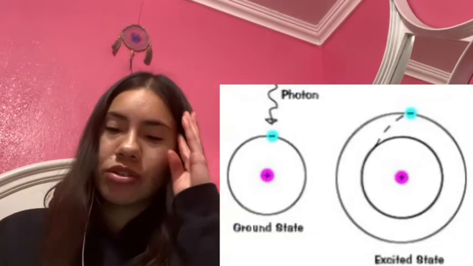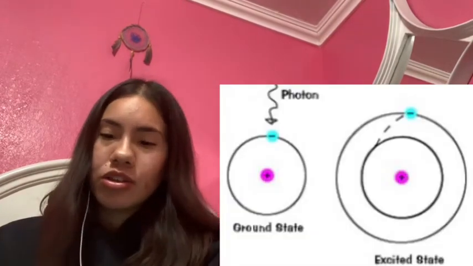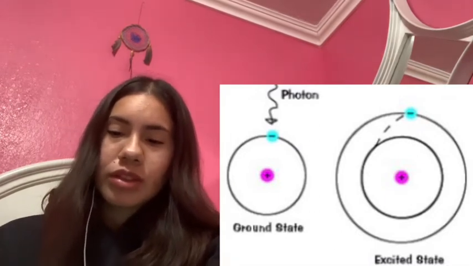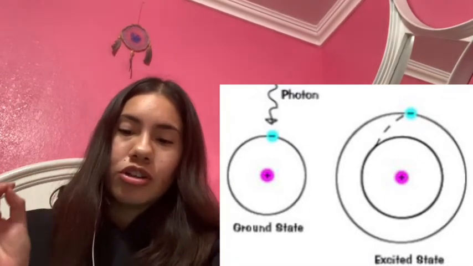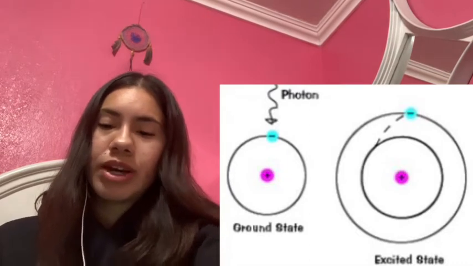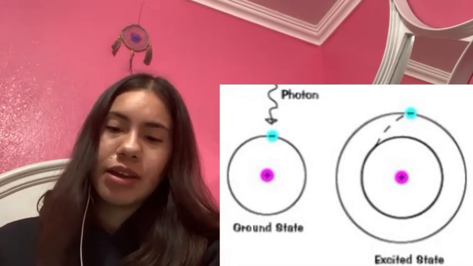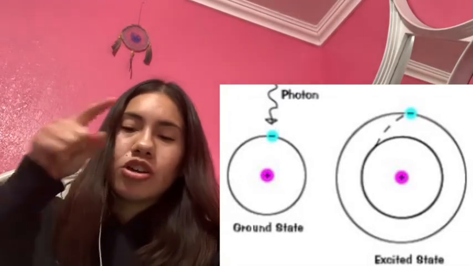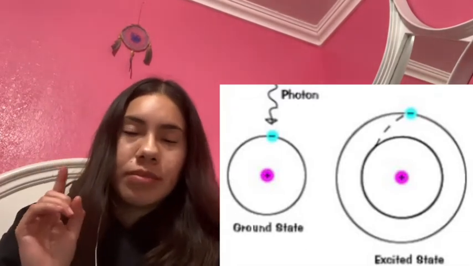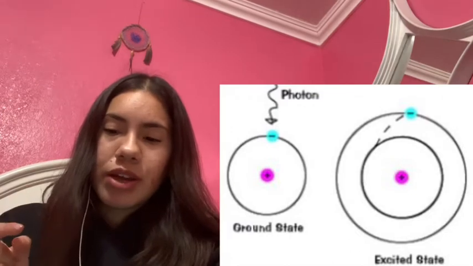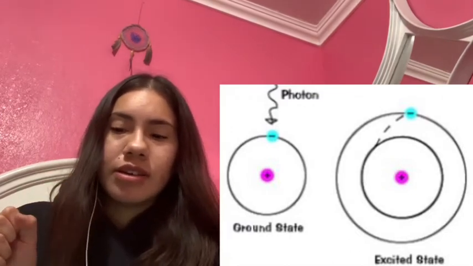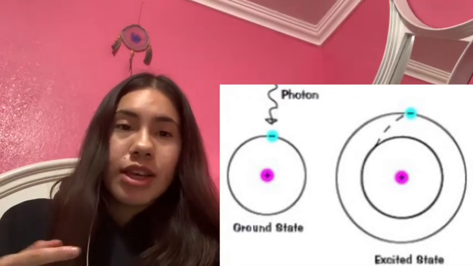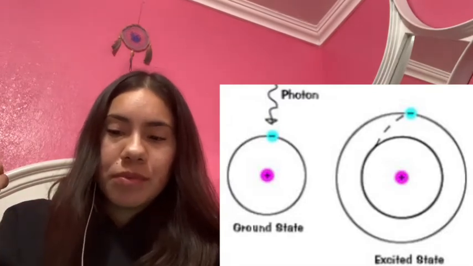I provided two images. In the one with the colored dots, purple and blue, we see the ground state, which is just the nucleus and one orbital with one electron. We see how it gets excited and the electron moves to a higher energy level.